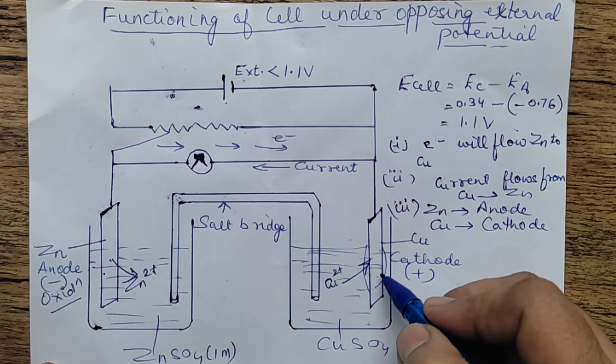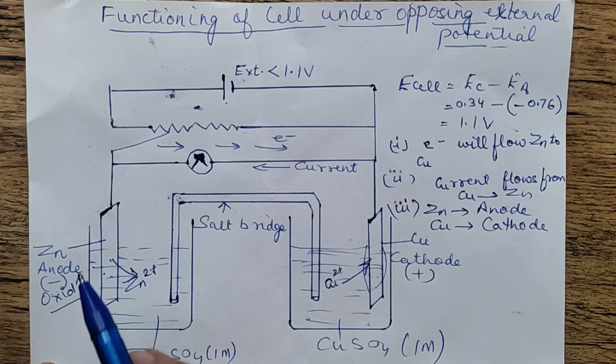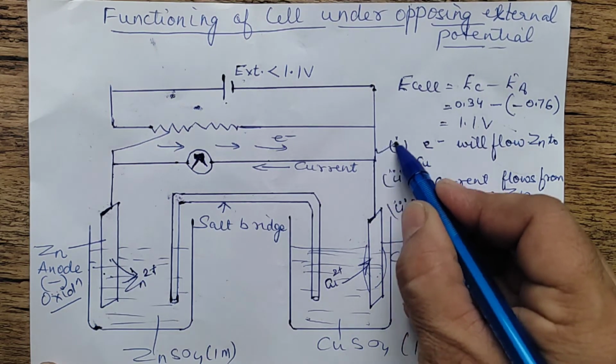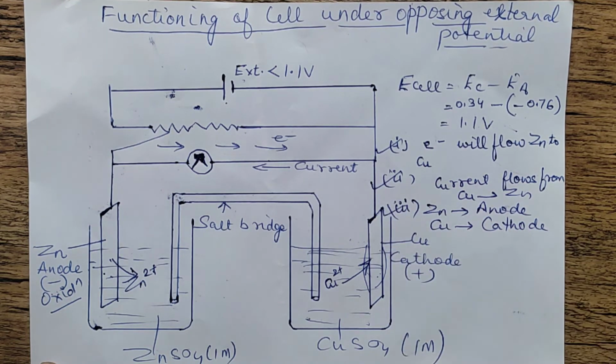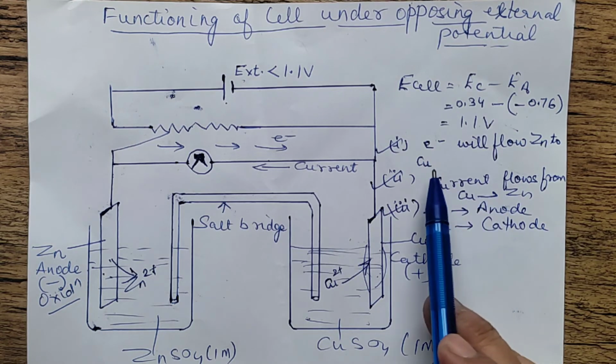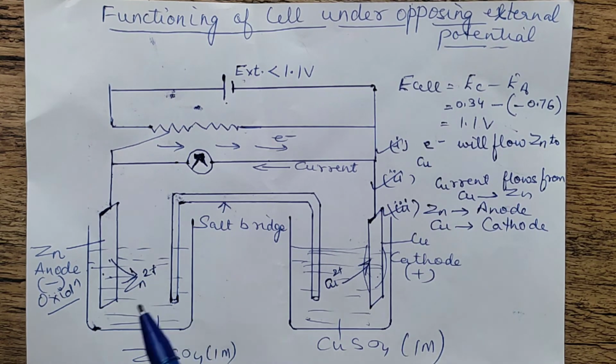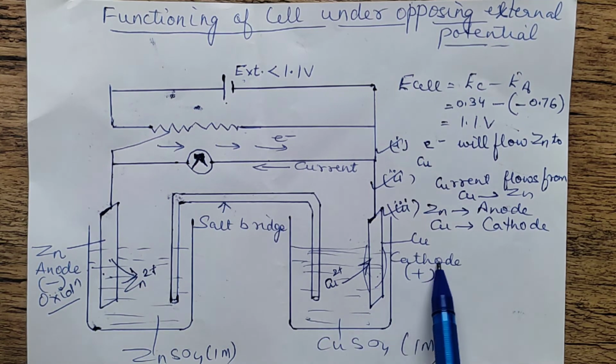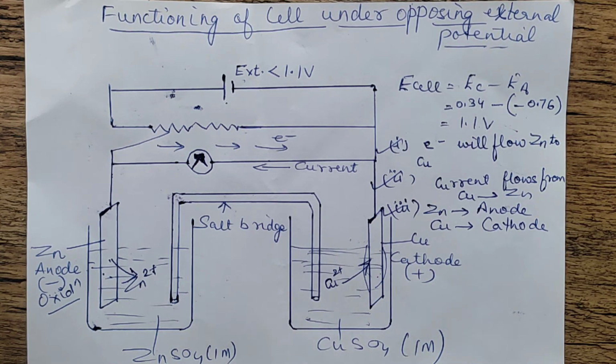So copper rod gains weight, zinc rod loses weight. So three main points you have to remember. In case the external potential is less than 1.1, then the normal process will occur as it was without this. Zinc acts as anode, copper acts as cathode. And mind it, in an electrochemical cell, cathode is positive, anode is negative. Right?